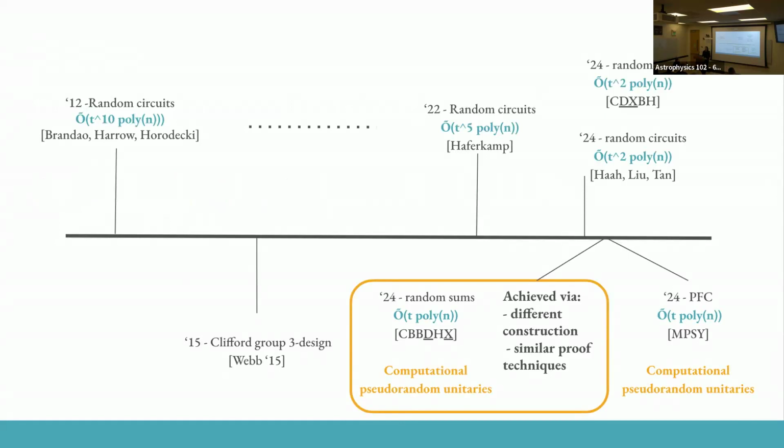This work on computational pseudorandomness and also linear T designs is a follow-up on our previous paper. I just wanted to mention this was jointly released with Metger, Sinha, and Yuan, I forget the P. Both of these works jointly achieved computational pseudorandom unitaries and also linear T designs.